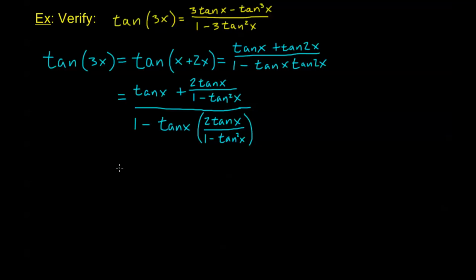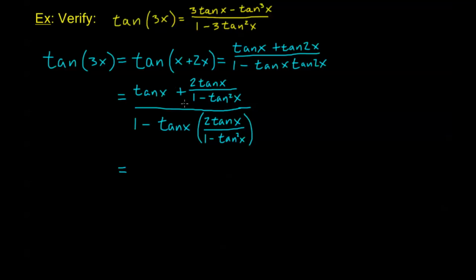So what we need to do next, we need to find common denominators for the numerator and common denominators for the denominator. Now it works out kind of nicely here because our common denominator for both numerator and denominator of the big fraction is going to be 1 minus tangent squared x. So once we find that common denominator, we'll be able to cancel it out, right? And we'll see that happen here in a moment.